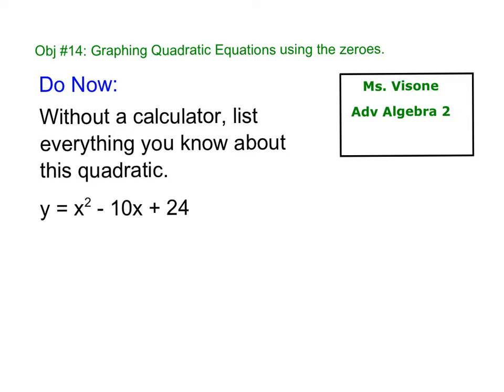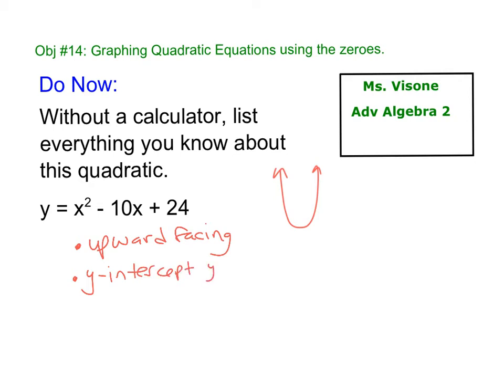So the first thing I recognize is that x squared has a positive coefficient, so it is upward facing. So the parabola is going to look like that. I know that the y-intercept is at 24, your c value.